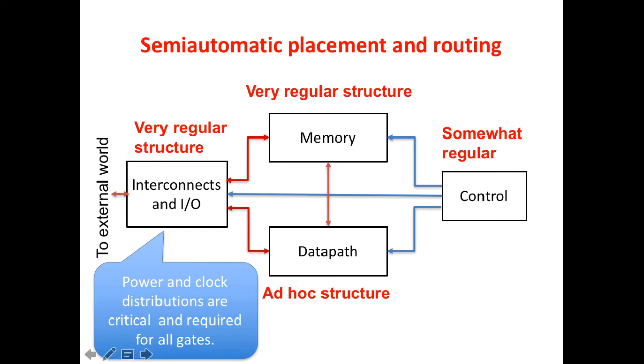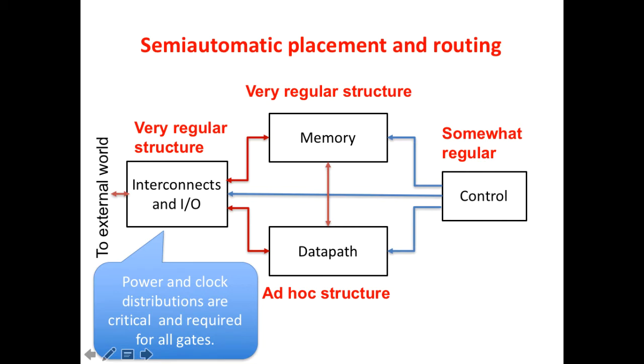So the power supply and the clock distribution come from the external world and have to be distributed to all the blocks in the circuits. So we have a very regular structure for this, a very regular structure for the memory, and the clock and power distribution that comes from the external world through the interconnect and I/O block and has to be provided to all the elements of the circuit.